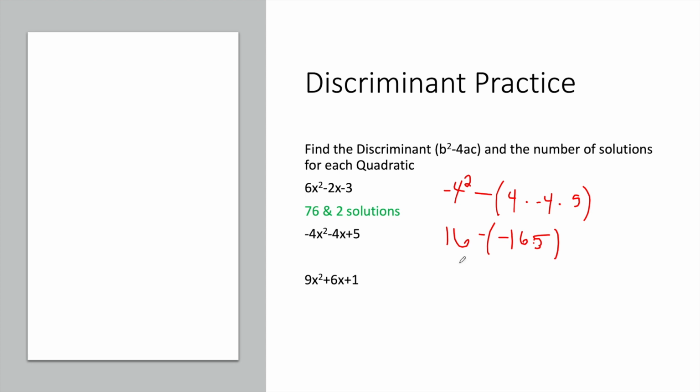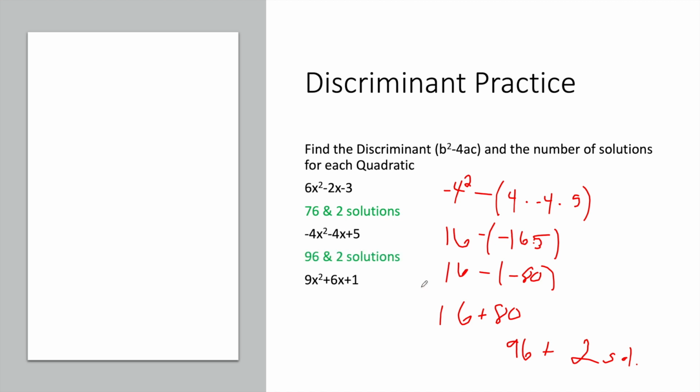Because we do parentheses first, we have 16 minus -16 times 5, which is -80. And like the last problem, double negative means addition. 16 plus 80 gives us 96. Because 96 is positive, we have 2 solutions. Checking our answer, we got that right as well.